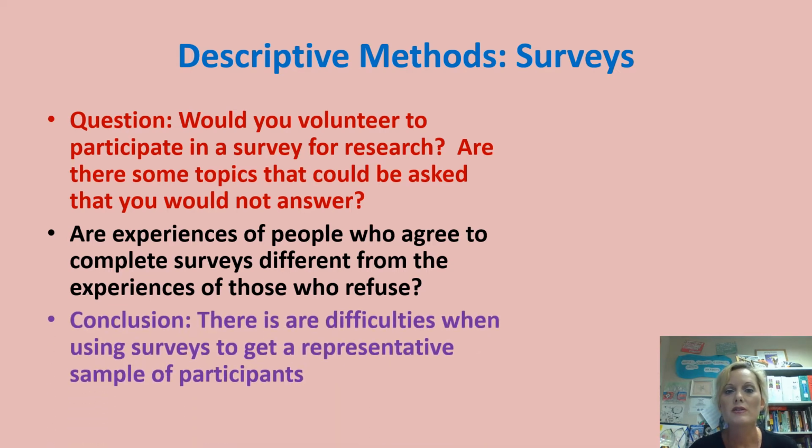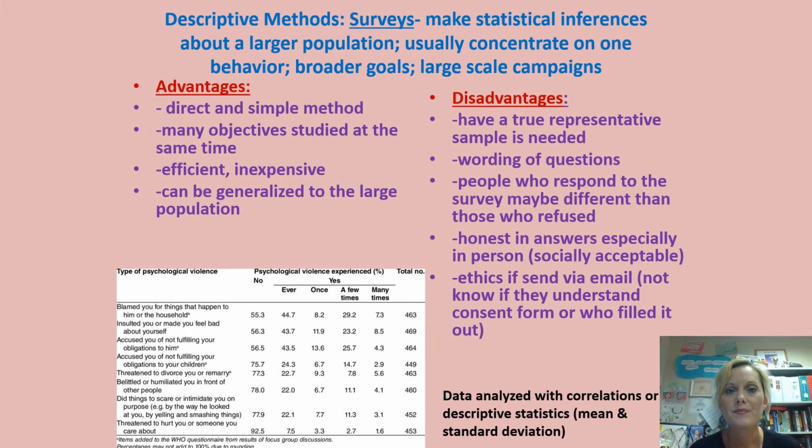So there are difficulties when using surveys to get a representative sample of participants because some people may not want to volunteer. Surveys make statistical inferences about a larger population.